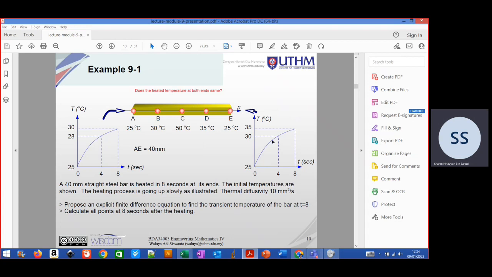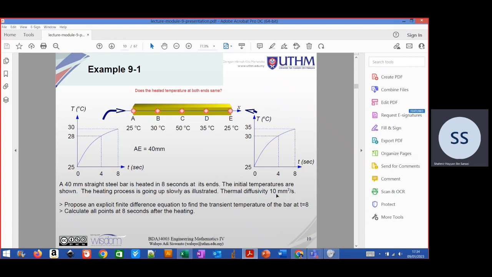As it was heated for 4 seconds, the temperature at point E is 30. And as it prolongs to 8 seconds, the temperature at point E is 35 degrees Celsius. So from 25, increase to 30, and increase to 35 for point E.